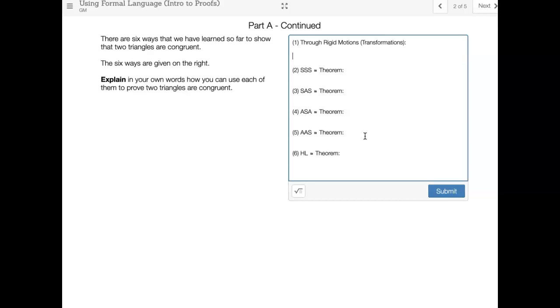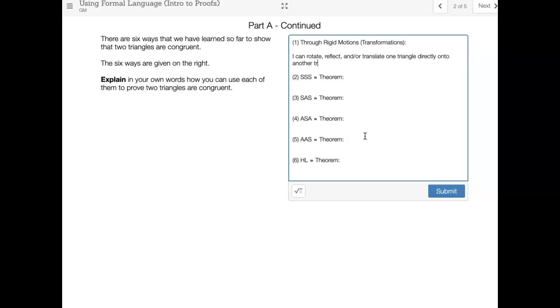So the rigid motions, right? I can rotate, reflect, or translate one triangle perfectly or directly onto another triangle to prove congruence.